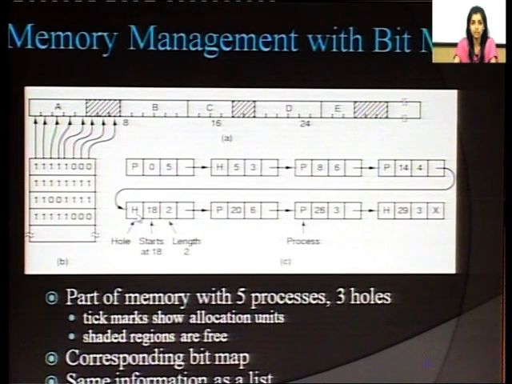Like H represents a hole, meaning free space, where 0 is the start address and 5 is the total length of the process. So P represents process. So, part of memory with 5 processes and 3 holes.